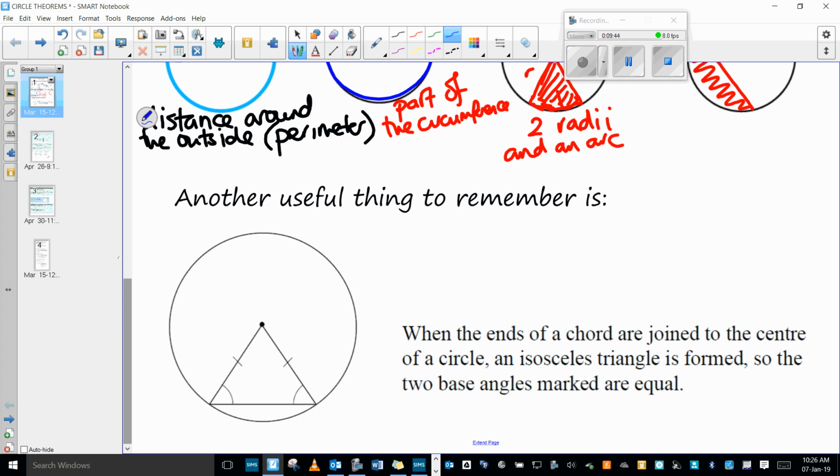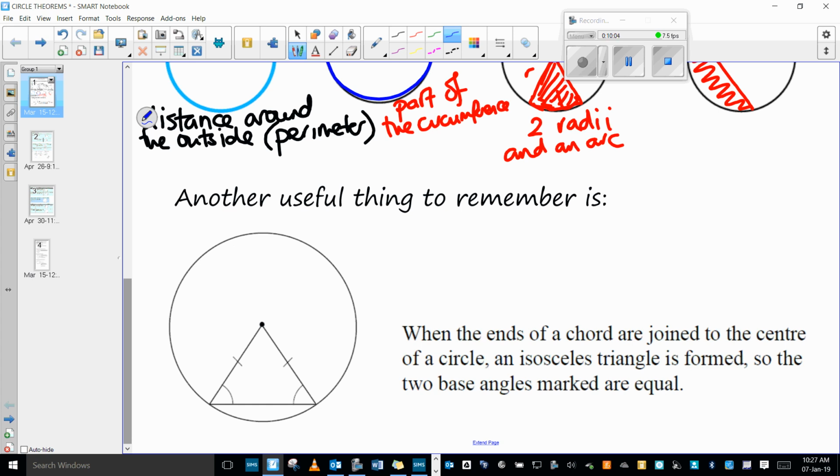Now, another useful thing to remember. You may look at these and go, oh, that's obvious. But if you have two radii and you draw this chord here, what kind of triangle have we formed? Isosceles.